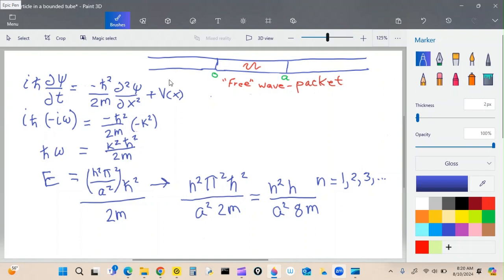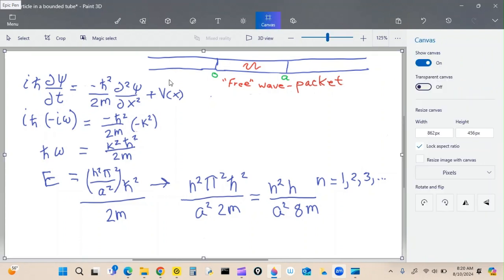So this particle up here is always moving, which if it's a wave packet, that's not too hard to believe. That wave packet confined to this area is going to have quantum energies. Only these quantum energies are allowed. So this was the whole point of doing this, to find out the quantum energies that were allowed.